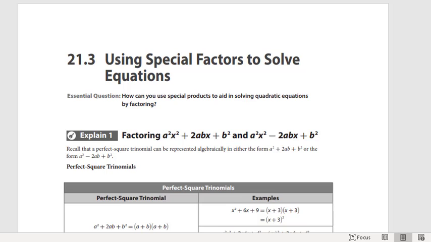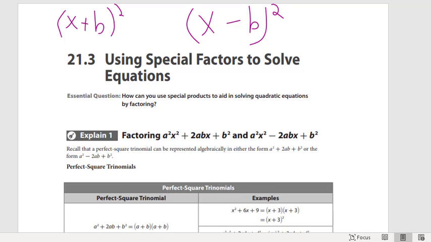Okay, today we are going to look at our last lesson for the semester, 21.3. We're going to use some special factors to solve equations. If you remember back when we did multiplying polynomials, we did some special cases where we had something like x plus b squared, or x minus b squared.